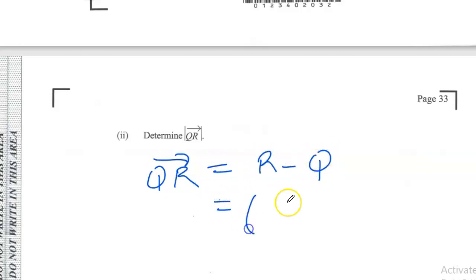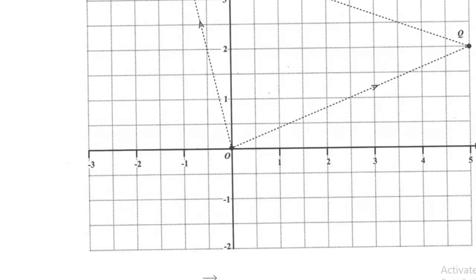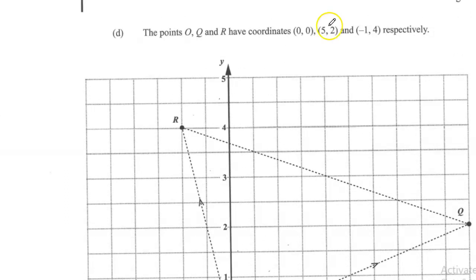Determine the length of QR. To find the length of QR, you first have to find the vector QR. And the vector QR is the coordinate R minus Q. The coordinates of R were -1, 4, and the coordinates of Q were 5, 2.